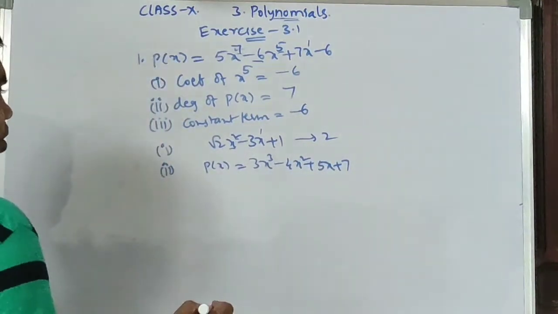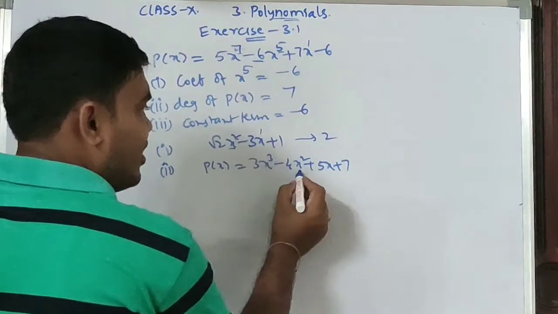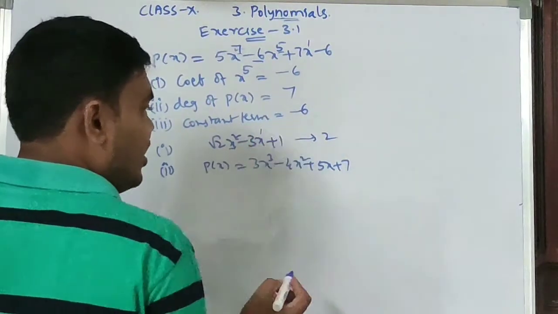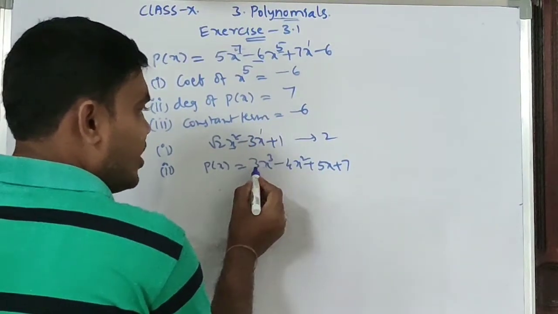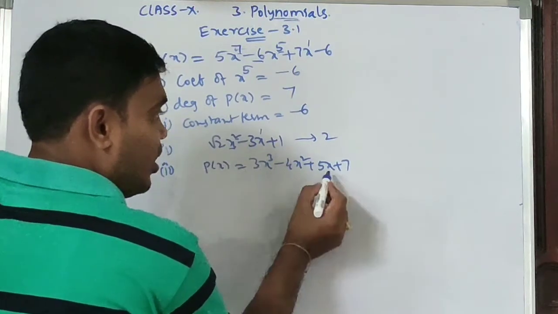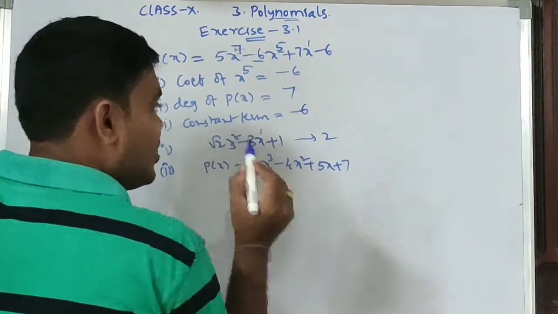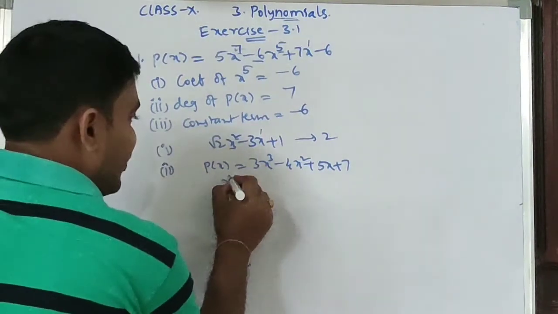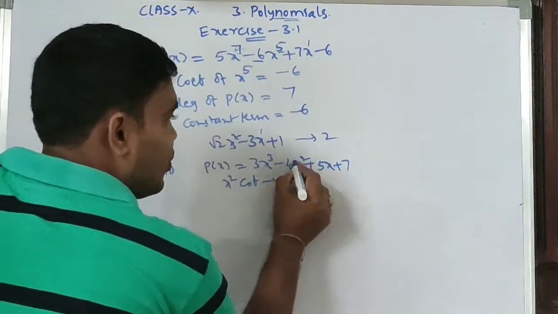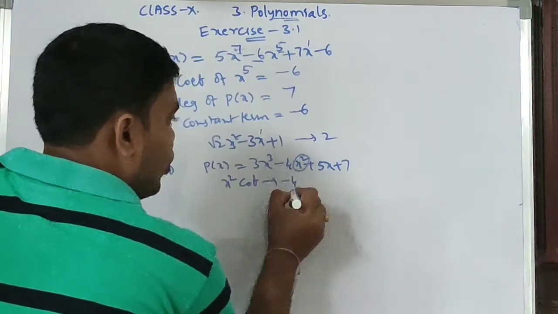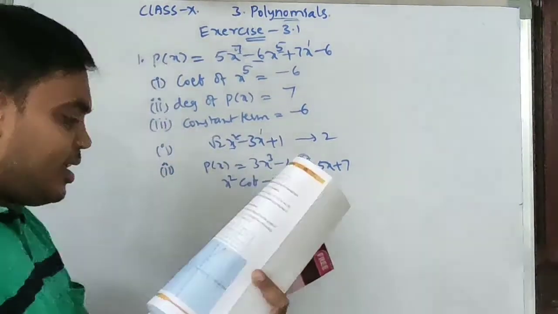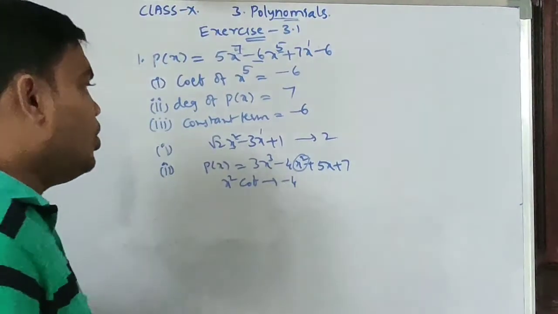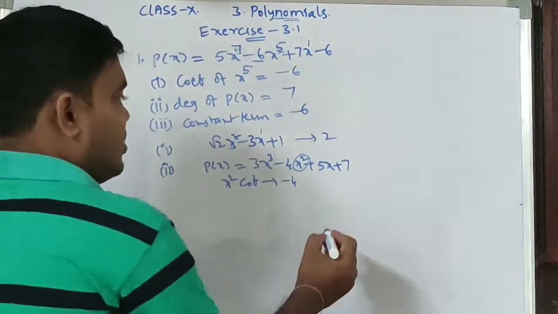If we observe, x cube has coefficient 3, x square has coefficient minus 4, x has coefficient 5, and the constant is 7. We need the x square coefficient, which is minus 4. In the question, the x square coefficient is given as 2. So, it is also false.